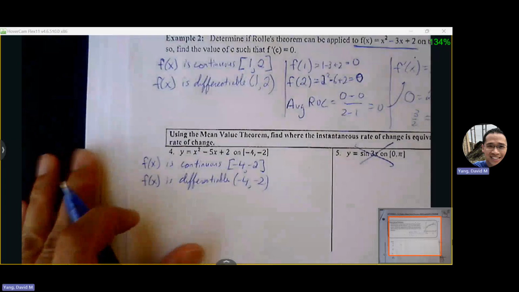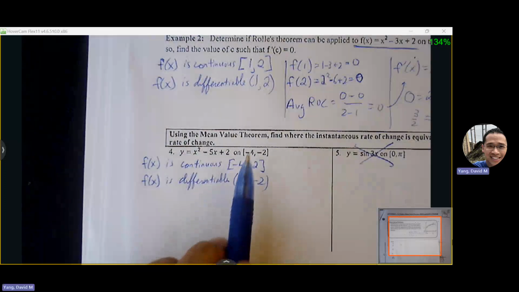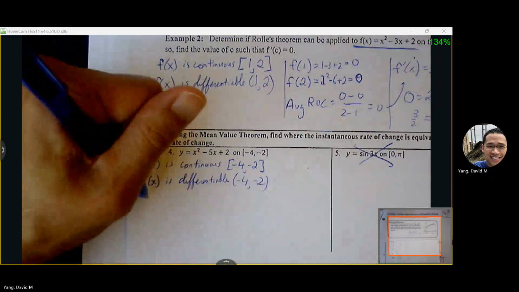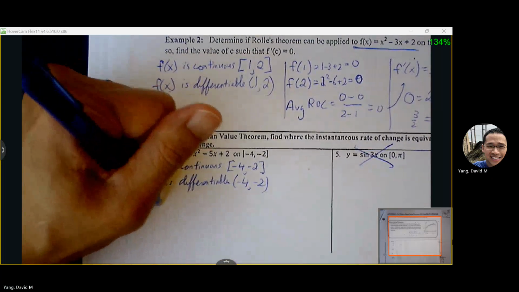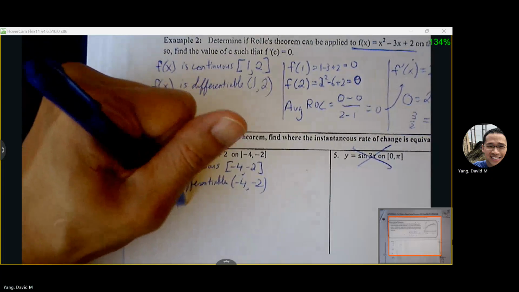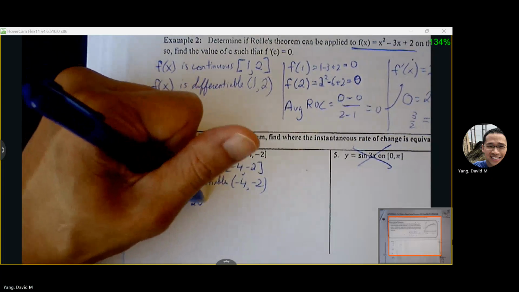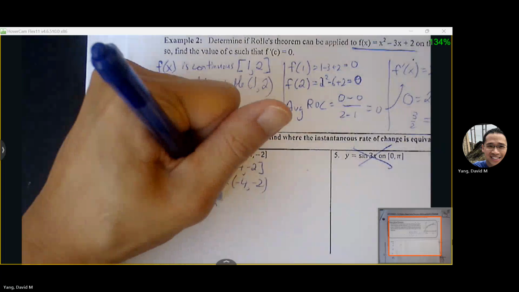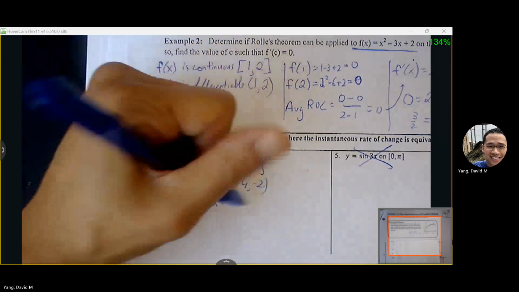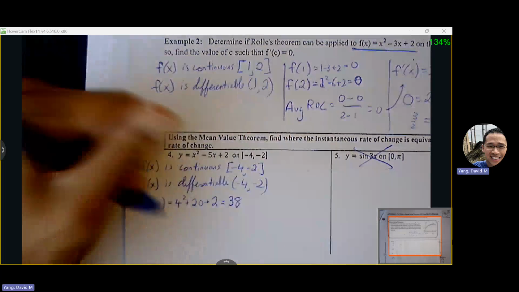Okay, find the slope between the endpoints. So let's just find the y values, find the slope. Let's figure out what slope we want to guarantee. Right. Okay.